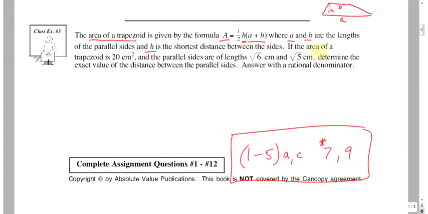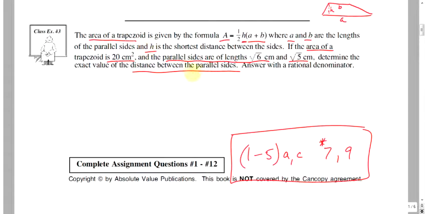So h is the shortest distance. If the area is 20, okay, we're telling you what the area is. What do we got to solve for? The parallel sides are, okay, I know a, I know b. Determine the value of the distance between the parallel sides. What are we trying to solve this for? h is the distance between the parallel sides.